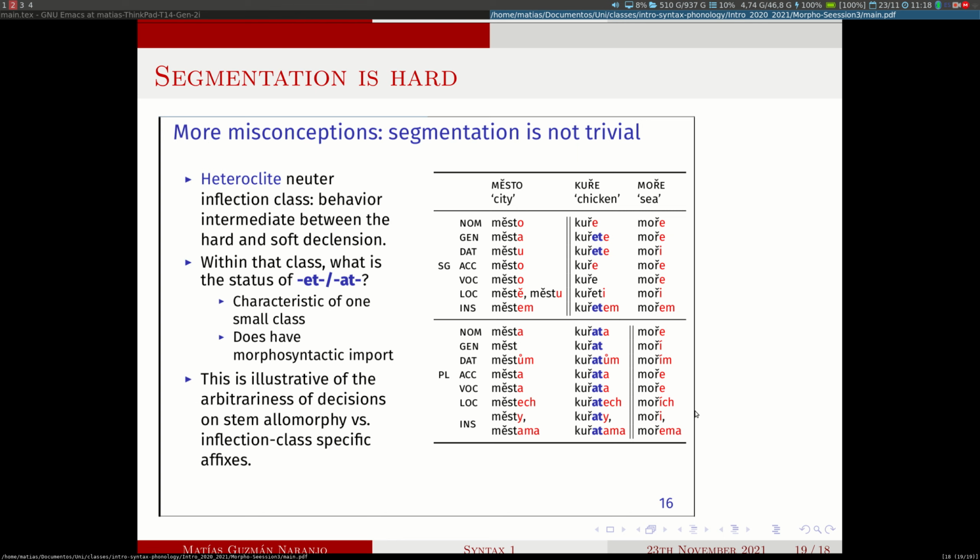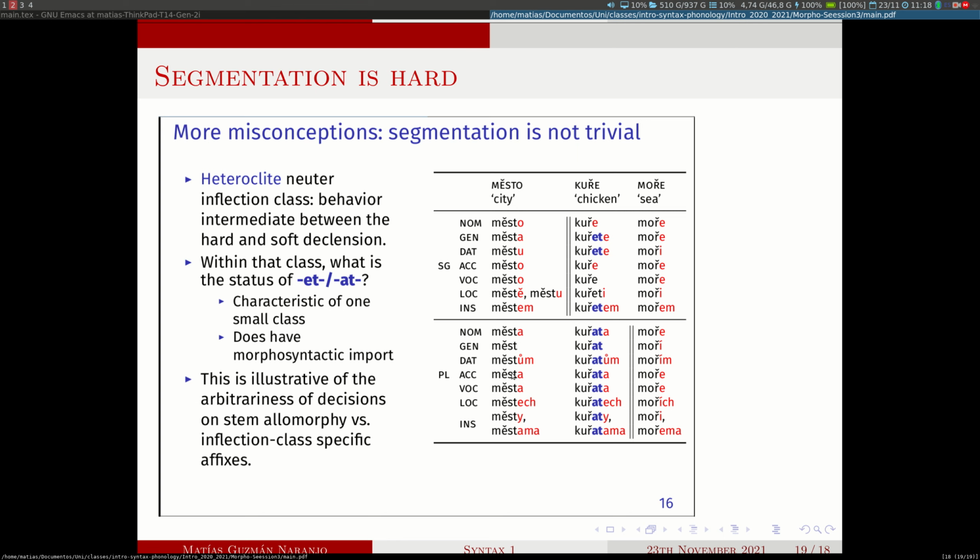And then you have something like kurze, which is chicken, and the singular markers for chicken, ignoring for a second the blue ones, are those of morze, and the plural markers are, again ignoring the blue ones, those of miasto.